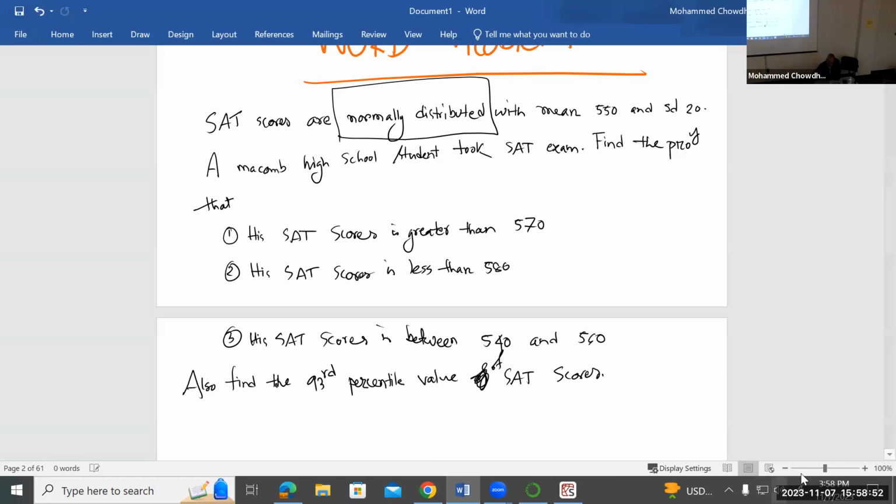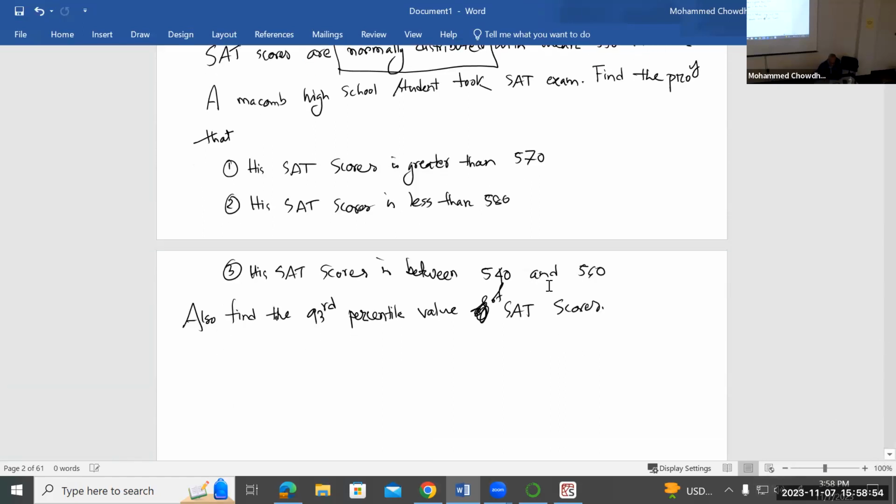Okay, so now we have to solve this problem. First problem, solution. The first problem is asking: suppose x equals the SAT scores of a Macomb high school student.